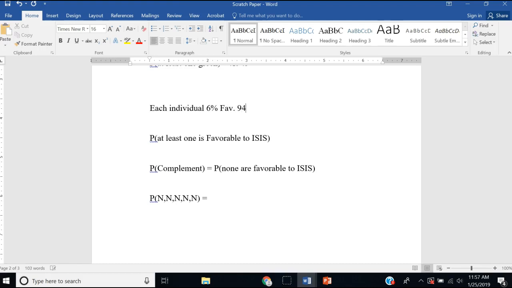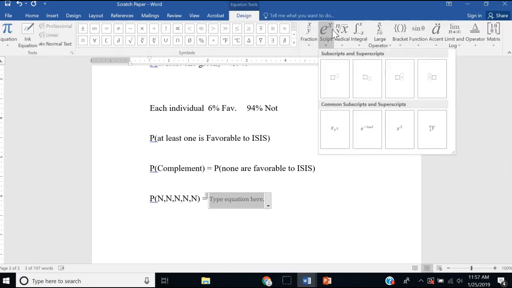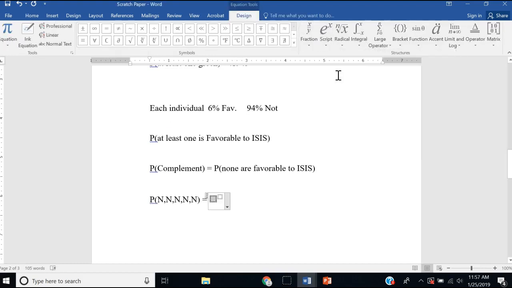That means they have a 94% chance of not having a good view of ISIS. All right. So 6% have a good view of ISIS, 94% do not.